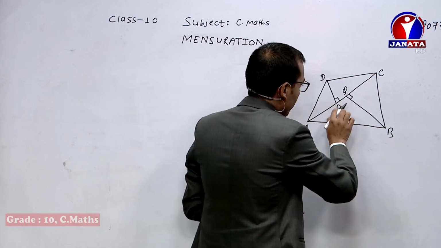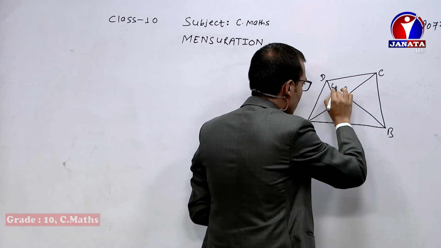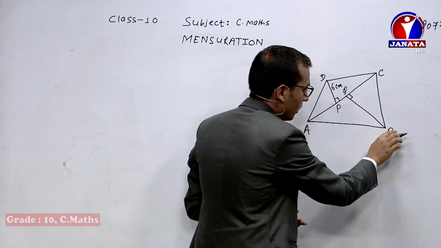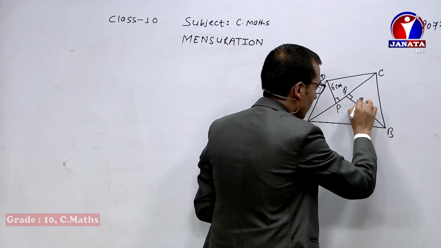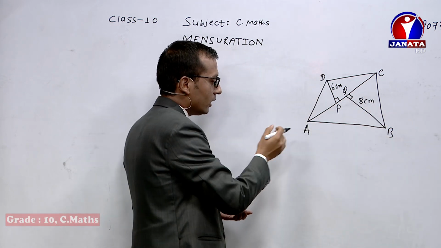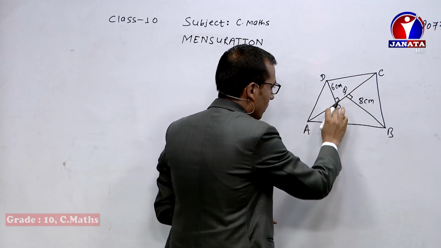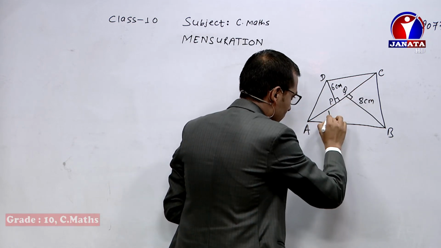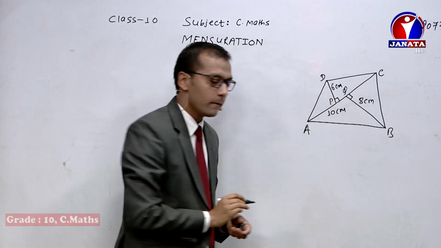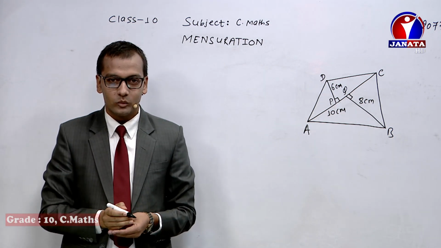Suppose the length of DP is 6 centimeter, the length of BQ is 8 centimeter, and the length of diagonal AC is 10 centimeter. What is its area?